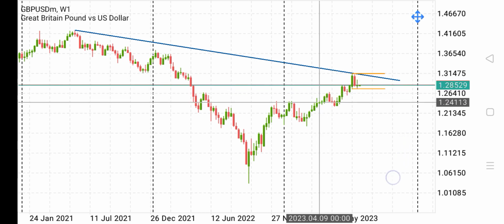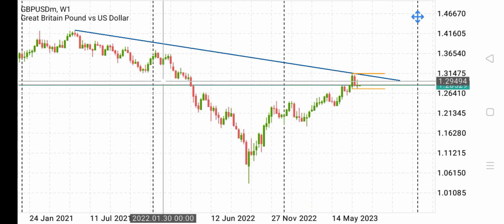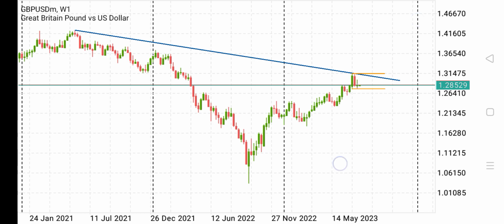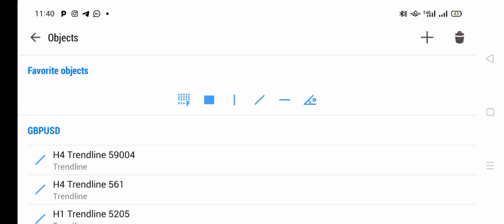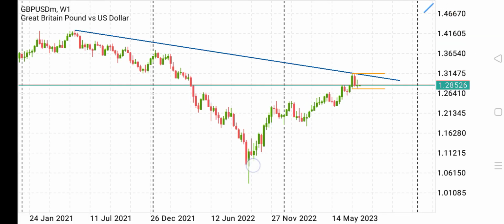And also, if we are to have another trend line from the bottom, let me draw that trend line. On this point, right to this point, we see that for some weeks and some months we have been in a clear uptrend on the weekly time frame, that is the GBPUSD.